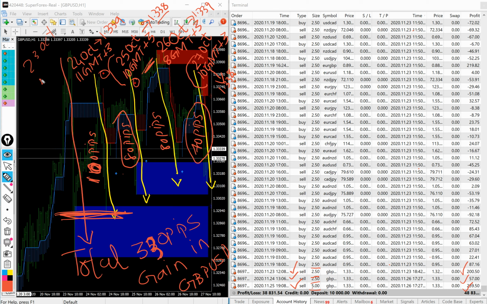So first time GBP fell from here, second time GBP fell on 22nd November. We entered with 2.5 lot size both times, but when the third time GBP USD went to the same price, we were so sure that it is going to fall, so our third entry was with 5 lot size. So this is how we trade on our client account.